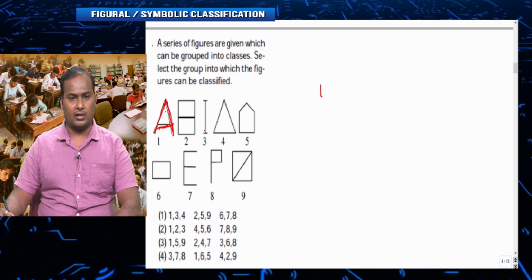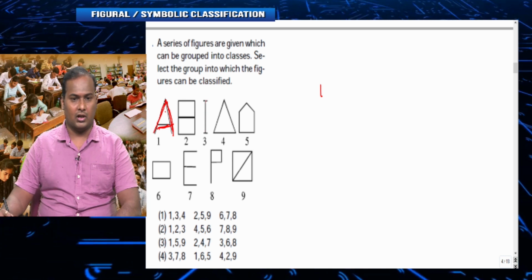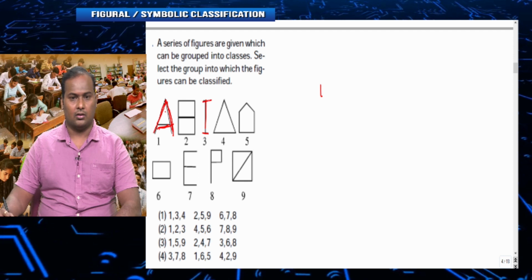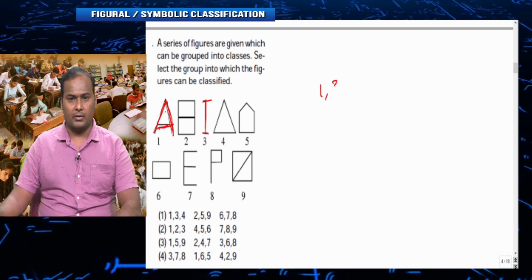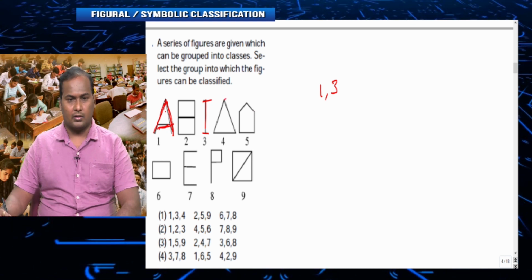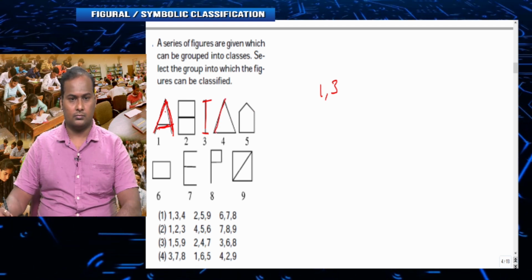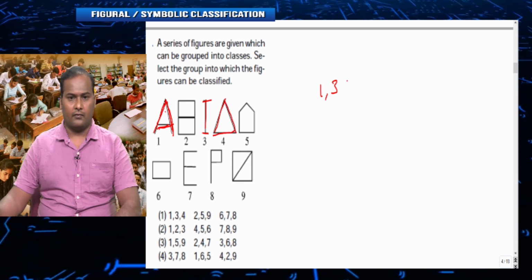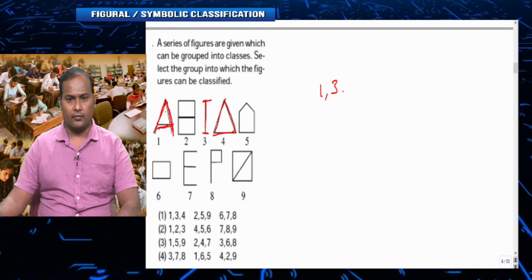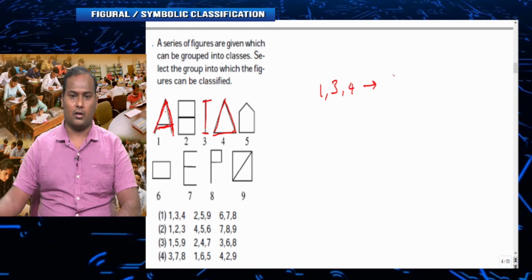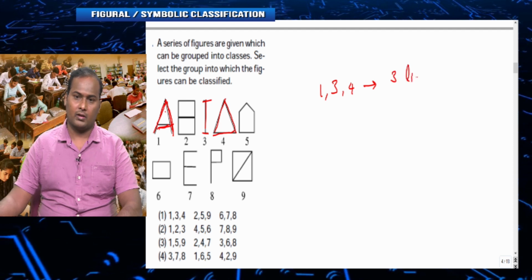Figure 3 also has 3 lines, so 3 becomes part of this group. The fourth one is also formed with 3 lines. So obviously 1, 3, 4 will form a group based on the character of 3 lines.